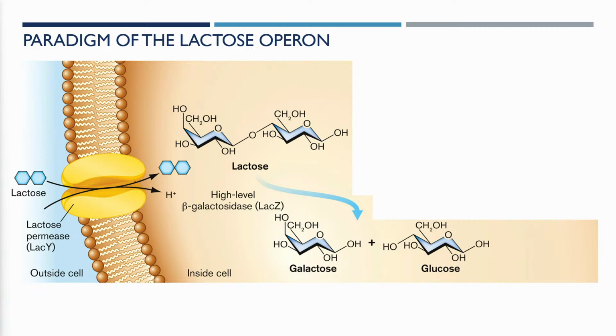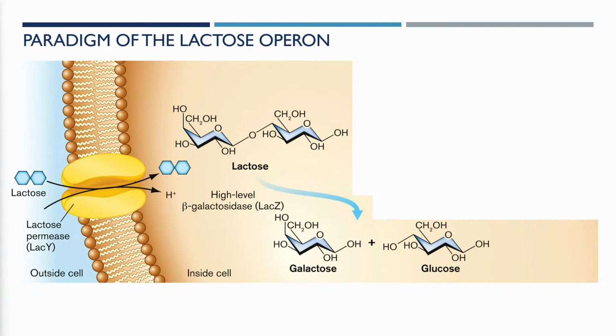And there's an enzyme in the cell called beta-galactosidase, or lac-Z on the operon. This is the enzyme that subsequently will cleave lactose into its two components, galactose and glucose. So it splits it into those two.